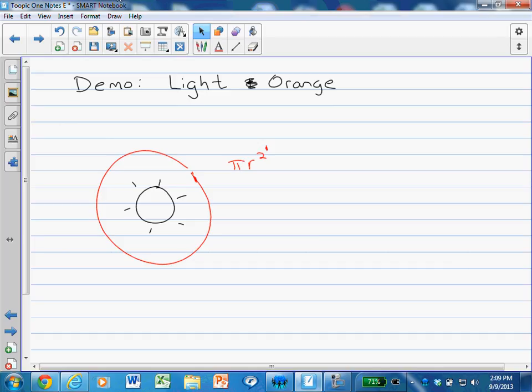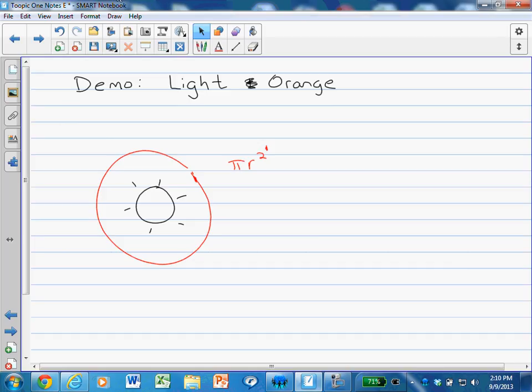And I could find areas where it's about equal, you see? So it becomes a very simple light detector, which we're going to use. Now let's talk about the pi r squared thing, because this is not just a circle around the light bulb, is it?